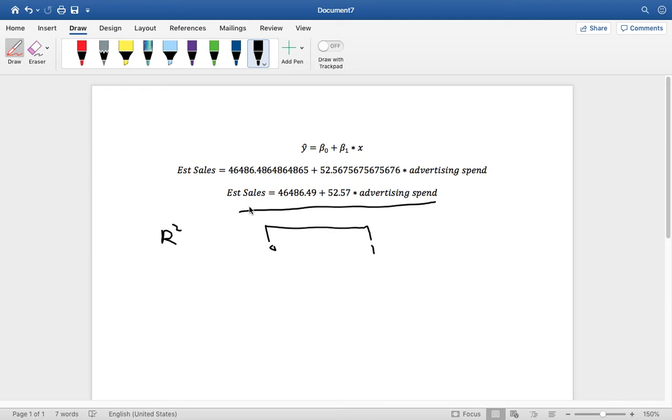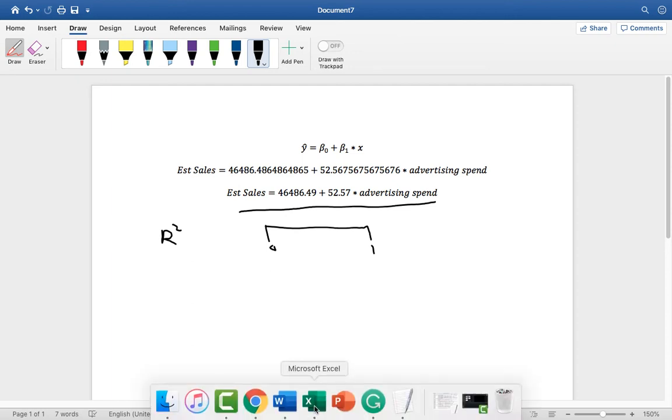So it's unlikely that advertising spend is going to perfectly predict estimated sales when we get an R squared value of 1. If R squared equals 0, it's telling us that basically advertising does not impact sales.